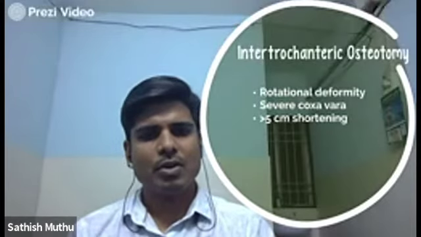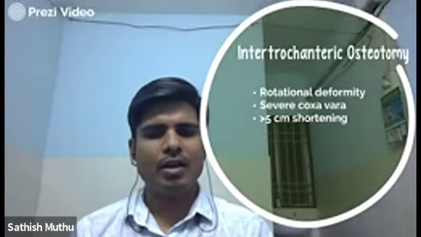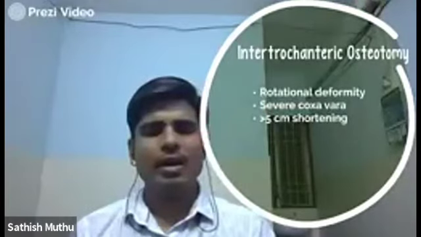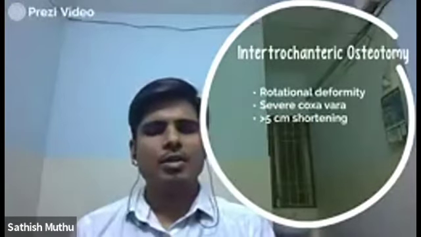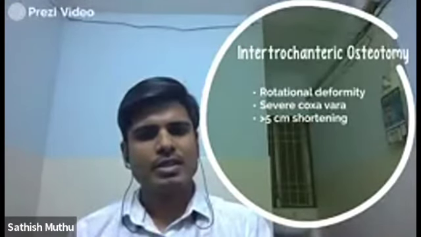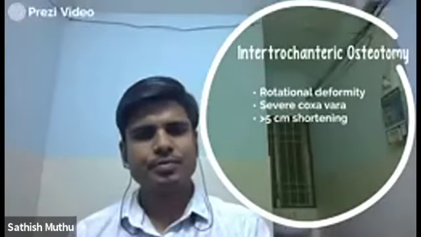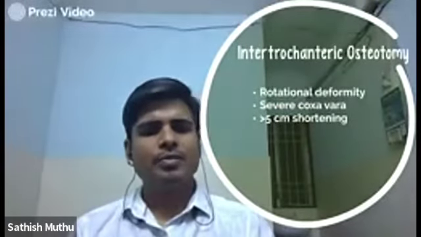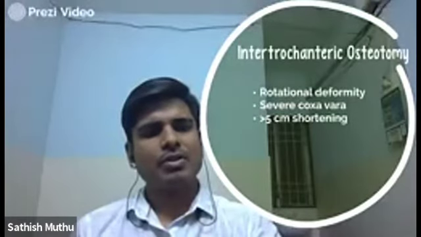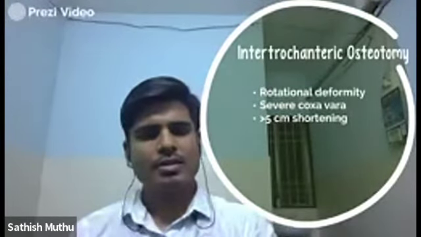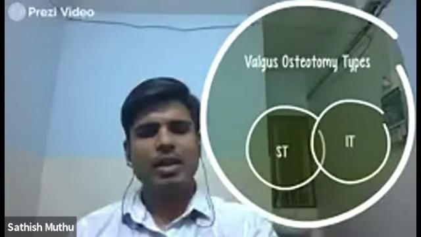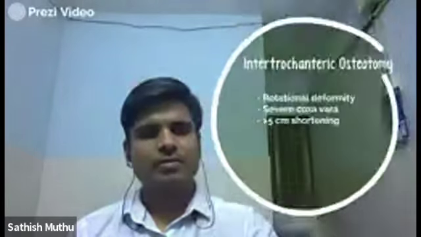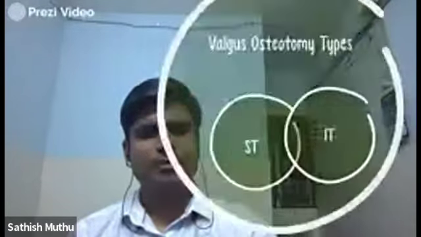So intertrochanteric osteotomy has a very good chance of union, and it doesn't have any inherent complication of non-union even for a gross deformity. In a subtrochanteric zone, since it's cortical bone, the chance of union may be in question. So we are more inclined towards intertrochanteric osteotomy routinely in our practice. Subtrochanteric osteotomy we do only for very mild deformities which need correction. These are the two osteotomies we have in valgus osteotomy.